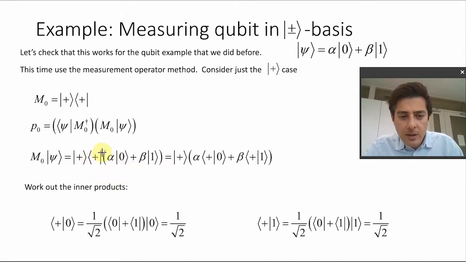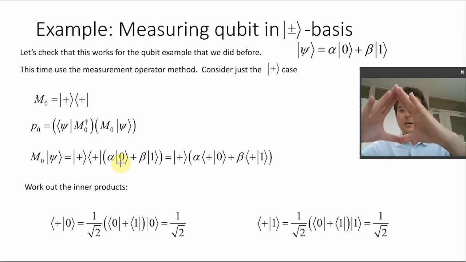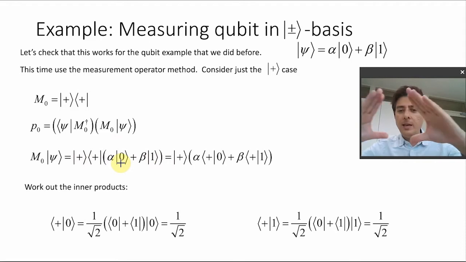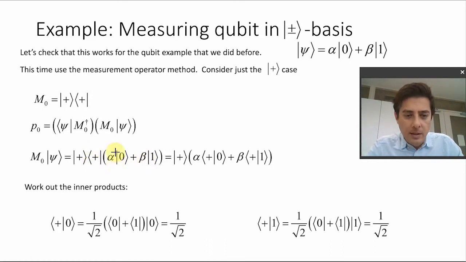Anytime you see this conjugate vector and then the regular vector, so anytime you see this kind of angular bracket structure, you can basically slam them together and take the inner product, and that becomes a number. So this plus hits this vector here, and then you slam them together, and you get this inner product of plus and 0. This vector with this 1, slam them together, you get plus and 1.